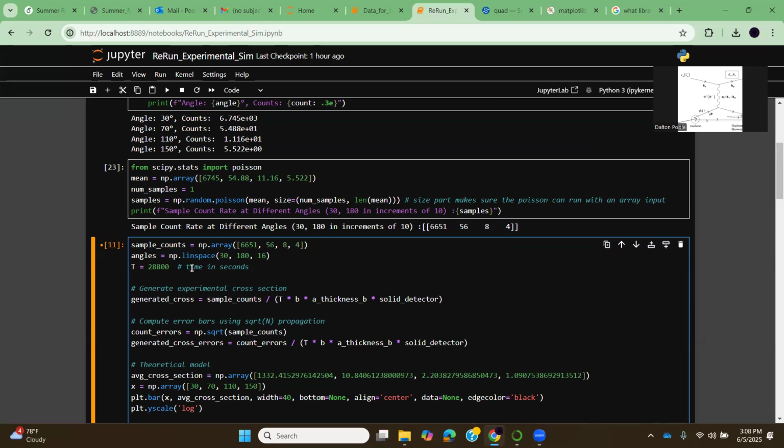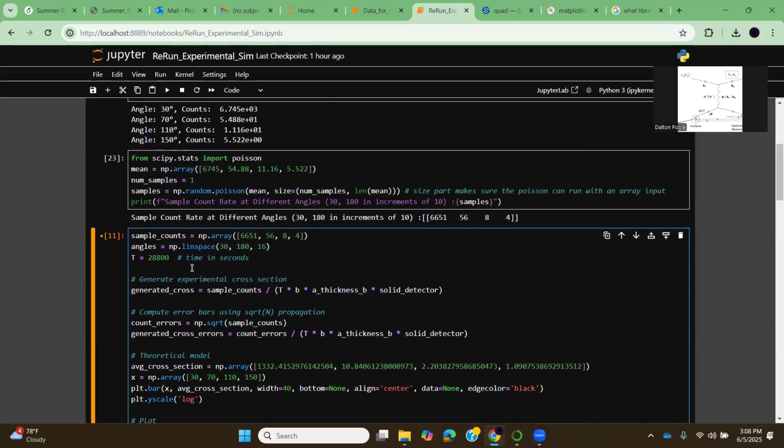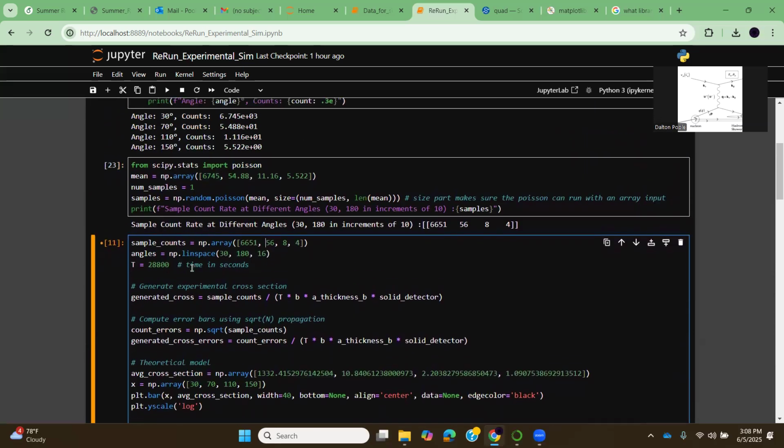angles, I believe I'm gonna have to make this an array instead of a linspace. I think that's what I'm gonna find is most effective. So I'm gonna call it 30, 70, 110, and 150.